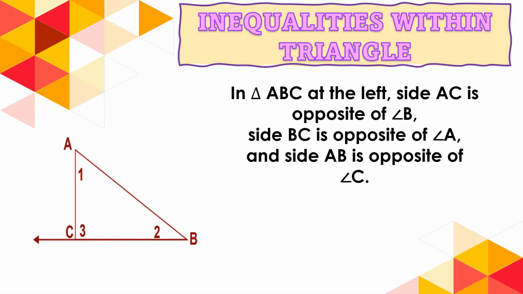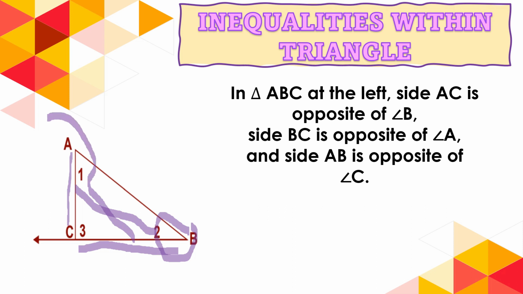In triangle ABC at the left, the opposite angle of side AC is angle B. The opposite angle of side BC is angle A. And lastly, the opposite angle of side AB is angle C. Always remember that.